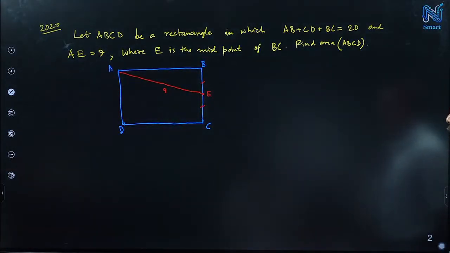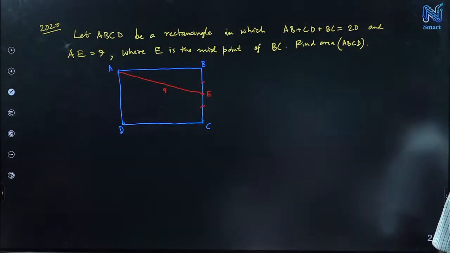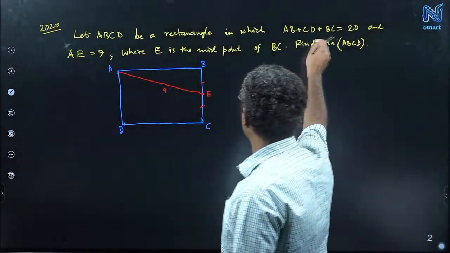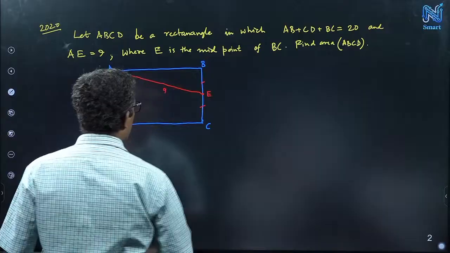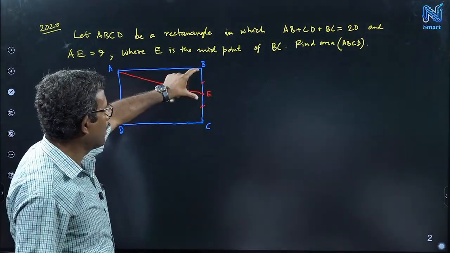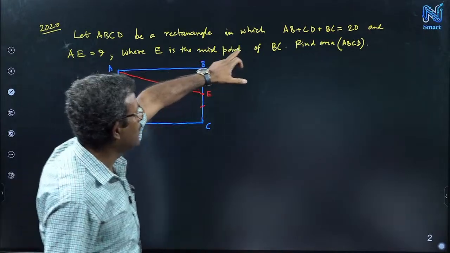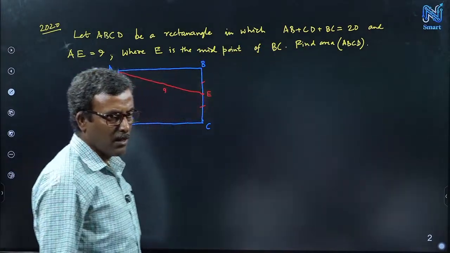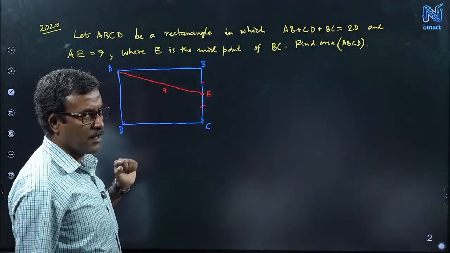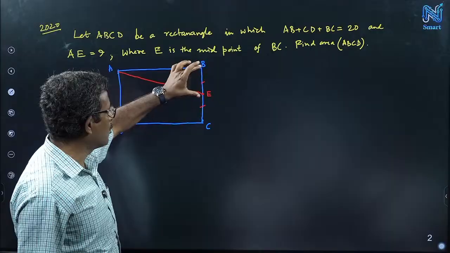So how to find that? Is there any relationship between this 9 and the 20? What is the relation? Now this AB plus BC plus CD, but you know AB equal to CD, right? And that BC equal to twice BE. Then what is AB plus CD plus BC? You can replace CD by AB and you can replace BC by twice BE.